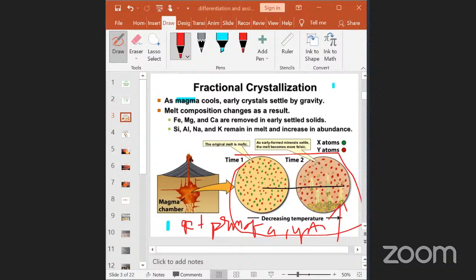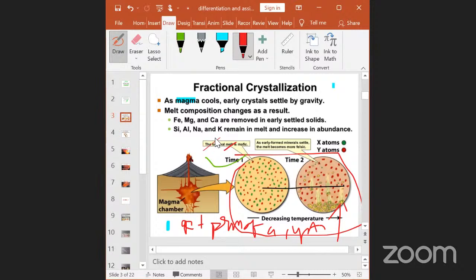The prime factors are the composition, temperature and pressure of the magma during its cooling.